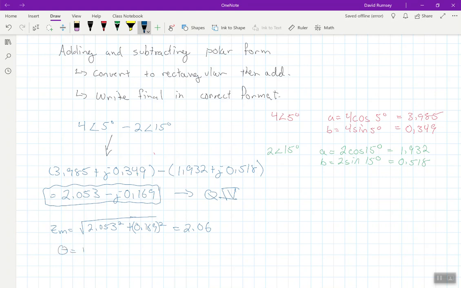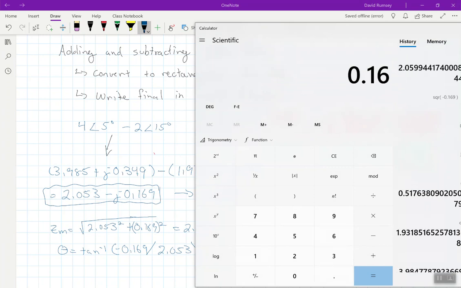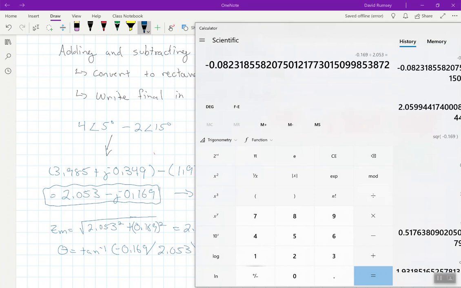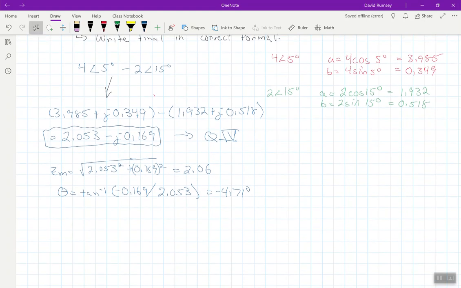So theta is just equal to the inverse tangent of negative 0.169 divided by 2.053, and so that would be negative 4.71 degrees. So then, in polar form, the answer would be 2.06 at an angle of negative 4.71 degrees.